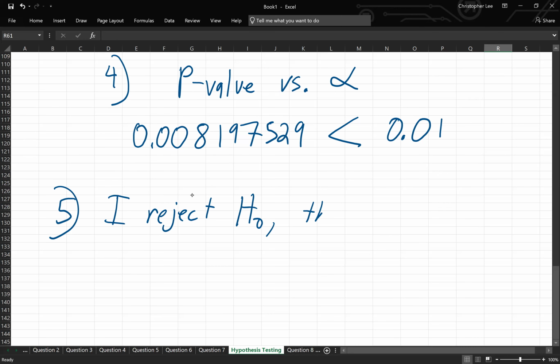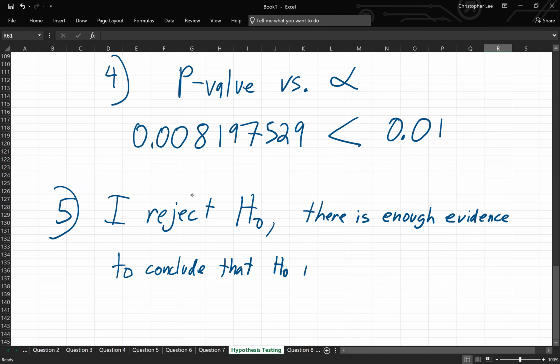You can say that there is enough evidence to conclude that the null hypothesis is false. And that's it. So step 5 is an interpretation. Are there any questions on this? Good? All right.